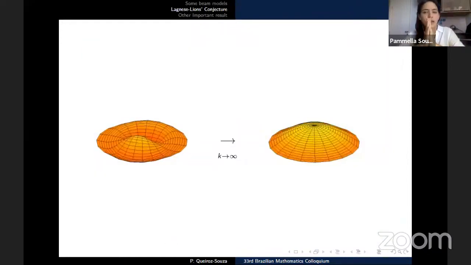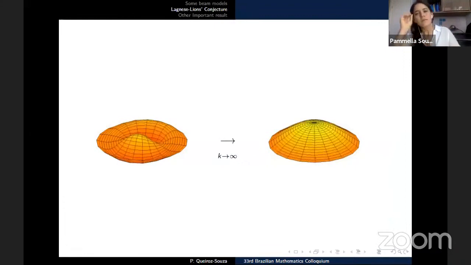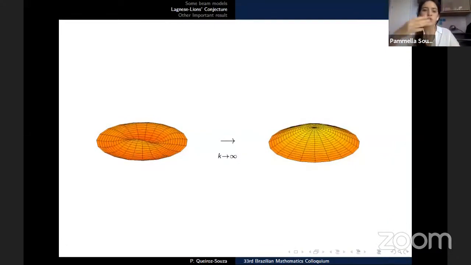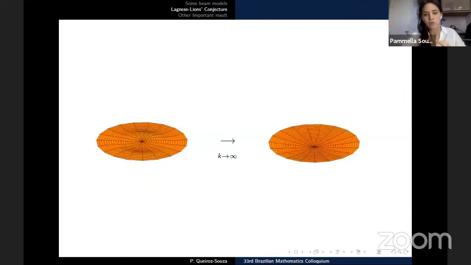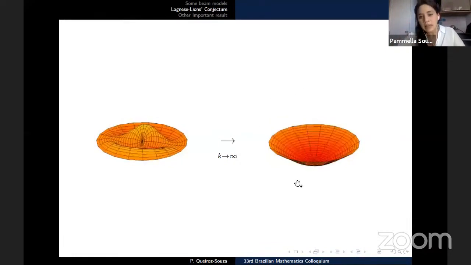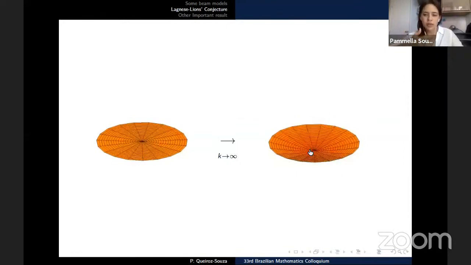So recall that if we assume the filaments of the plate remain orthogonal to the deformed middle surface, the transverse equations are neglected, and it means that in the limit we have a system without rotational effects. Okay.